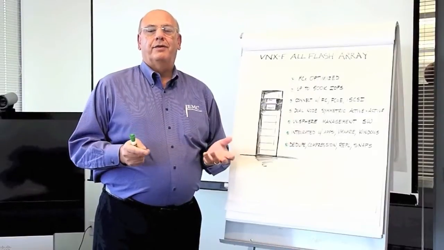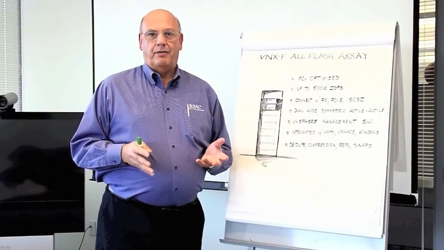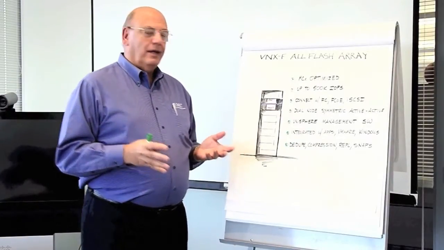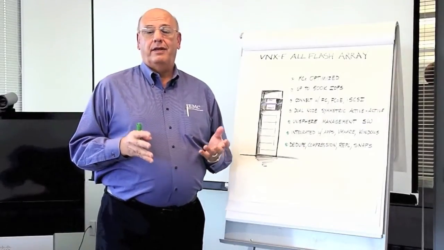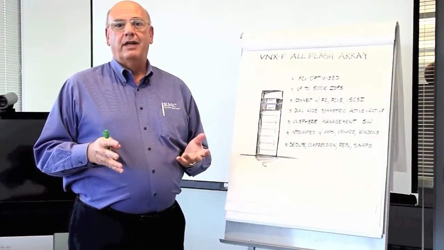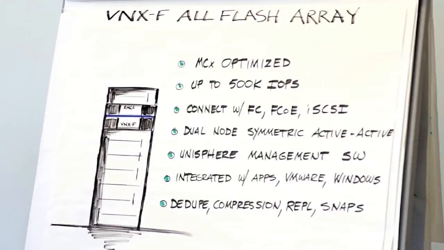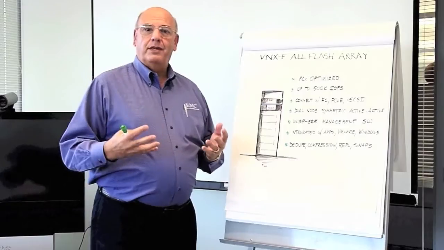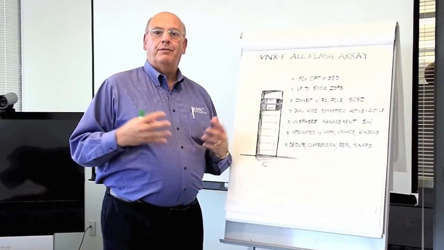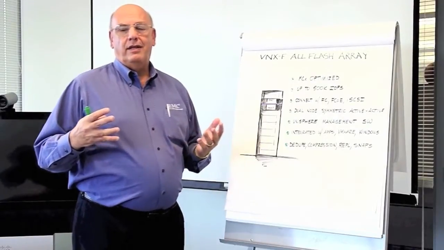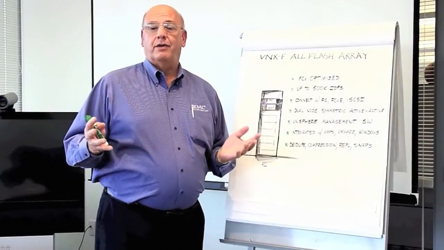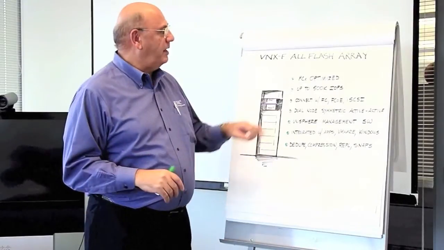So let me tell you about the VNX-F all-flash array. Again, this is an all-flash array based upon the award-winning, enterprise-proven VNX-2 platform. It's MCx optimized, as I mentioned before. This is our multi-core optimization software that really helps you distribute the processing power across all of the cores that are available in the array itself.